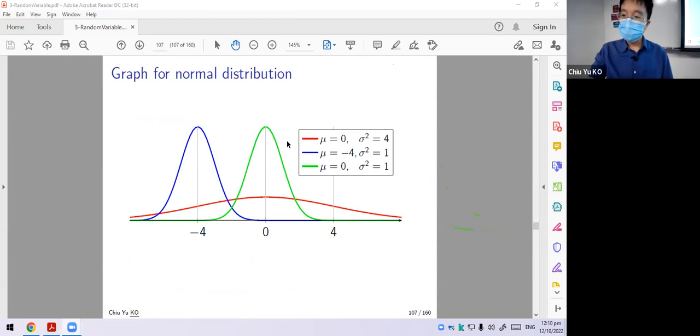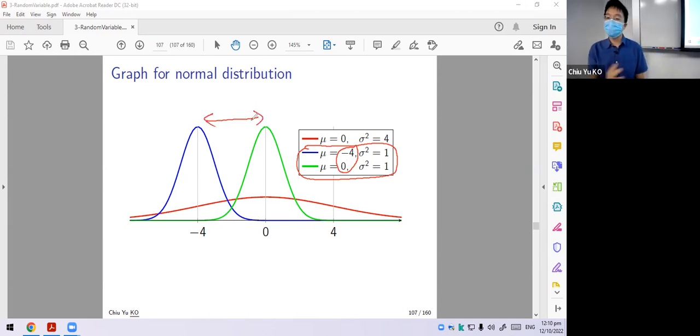So first look at the blue and compare it with the green. The only difference is just the mu. So you can see that if you change the mu, you just shift left and right, moving back and forth.